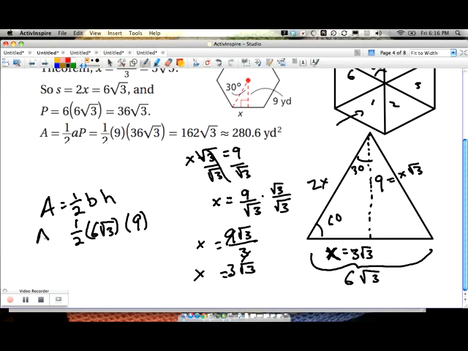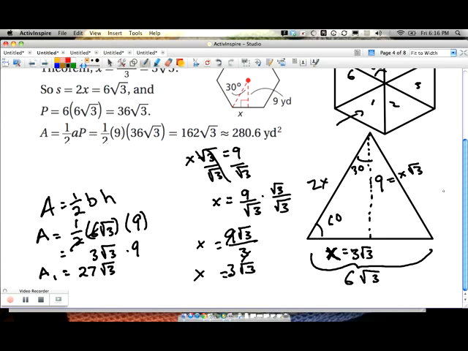That was actually given to us in the beginning. So the area is this value. If we reduce the 2 and the 6, we get 3 times root 3 times 9. I can multiply the 3 and the 9 and not have to deal with the root 3 quite yet. So 3 times 9 would be 27 times the square root of 3.